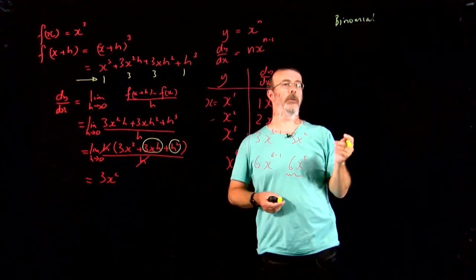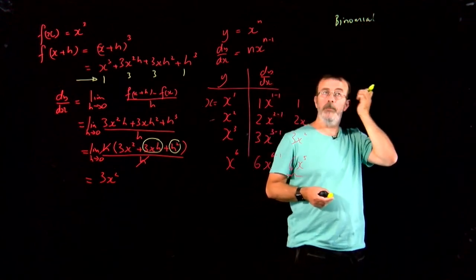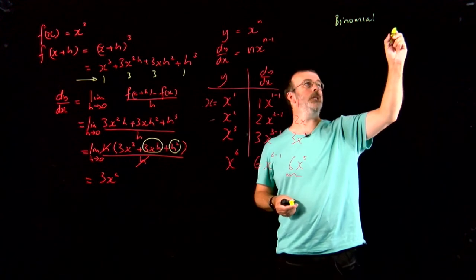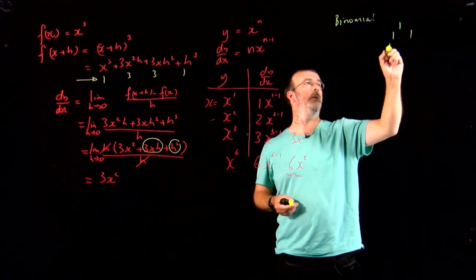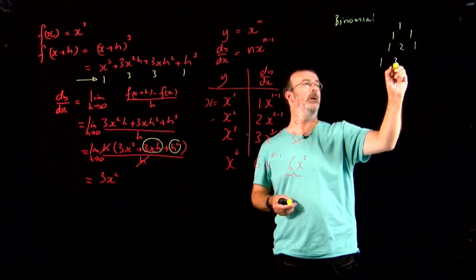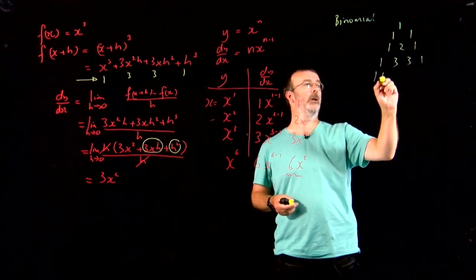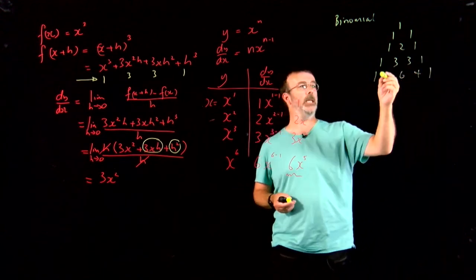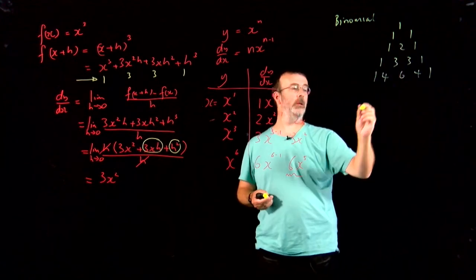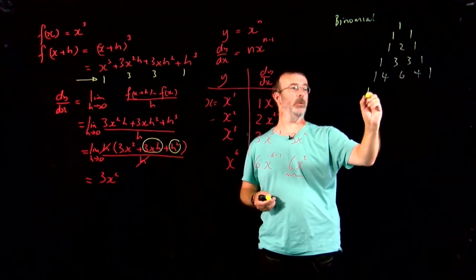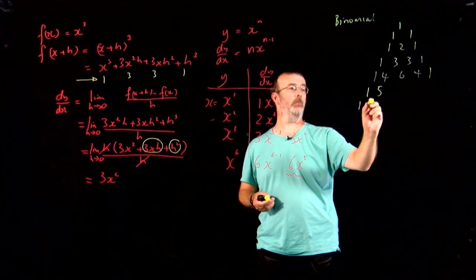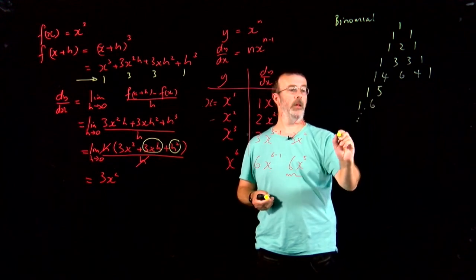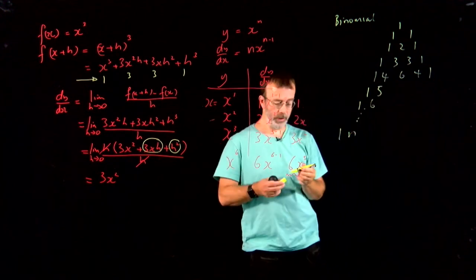So the binomial theorem. The thing about Pascal's triangle is that down the side is always going to just keep going up like that. And so on the nth row, we are always going to get n there.